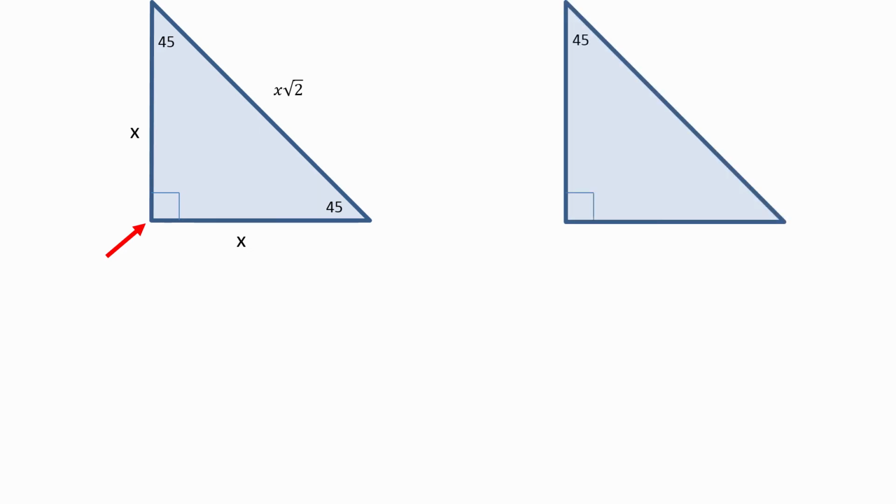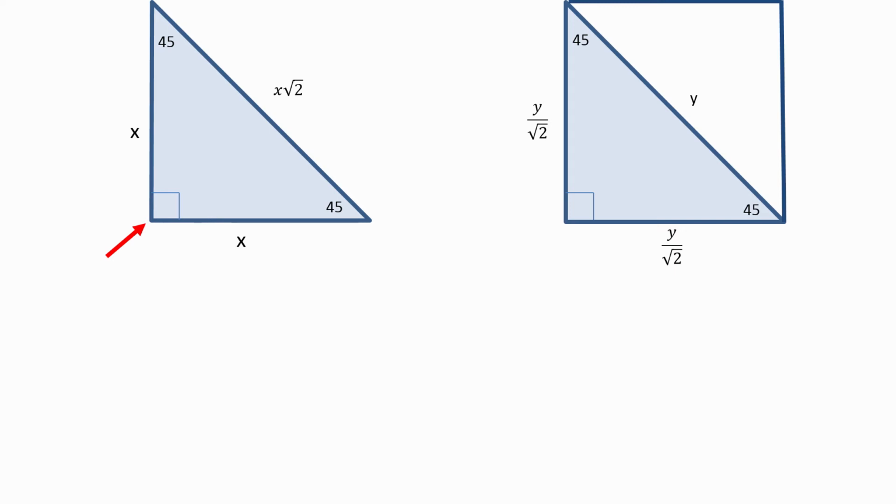And if the hypotenuse is y, the legs are y divided by the square root of 2. That's all there is to it. The square root of 2 goes between the legs and the hypotenuse. One reason this triangle is so important is that when you draw the diagonal of a square, you get two of these 45, 45, 90 triangles. And that comes up quite a bit in problems on the ACT test.